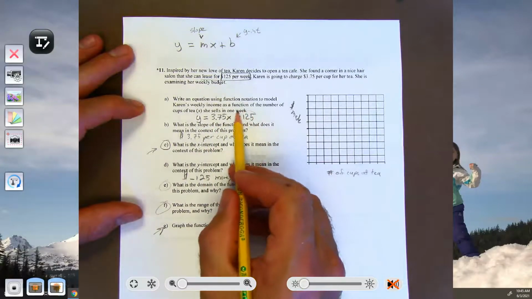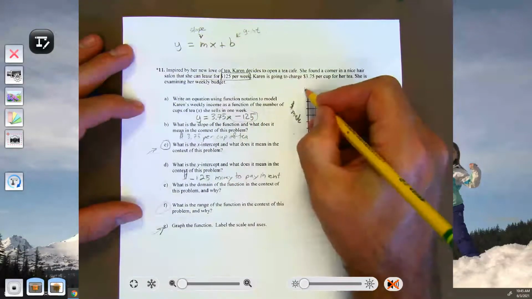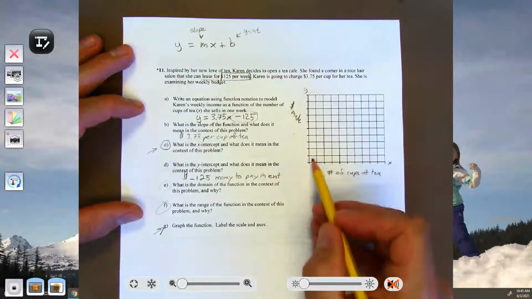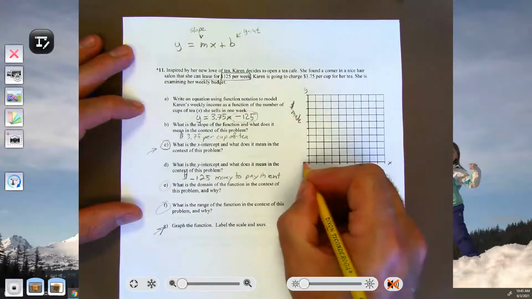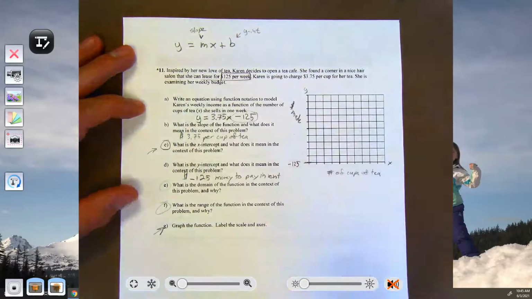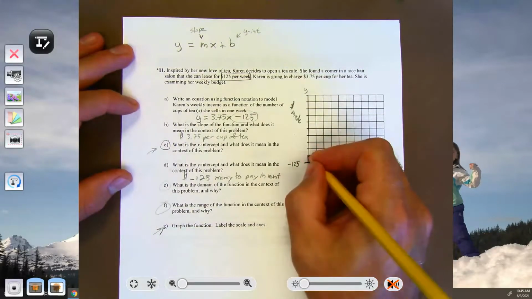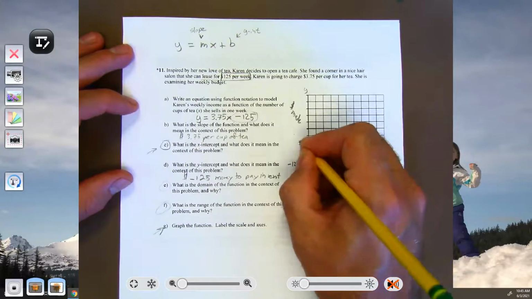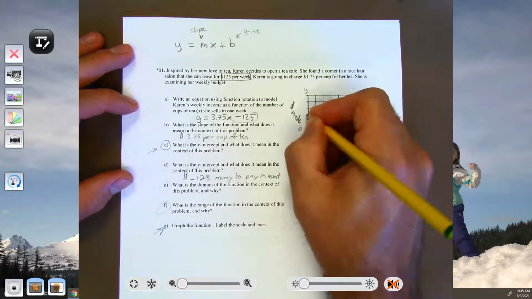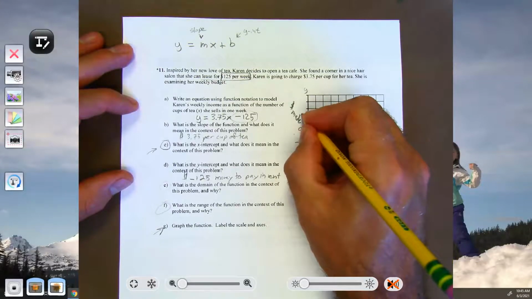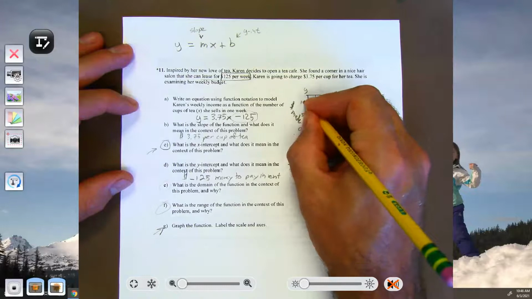It starts at the y-intercept, this is my y-axis, this is my x-axis. It starts all the way down here at negative 125. That's where we start. I'm going to do these by 25. So this would be negative 100, negative 50, 0, $50, $100, etc.